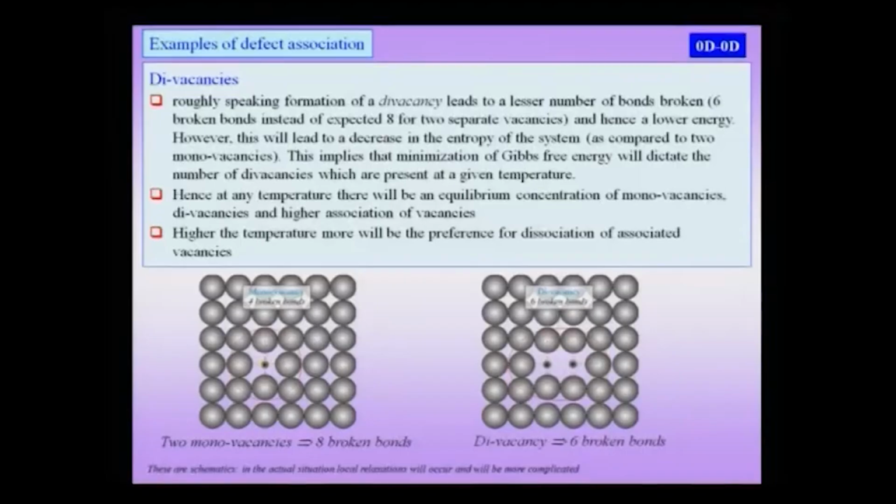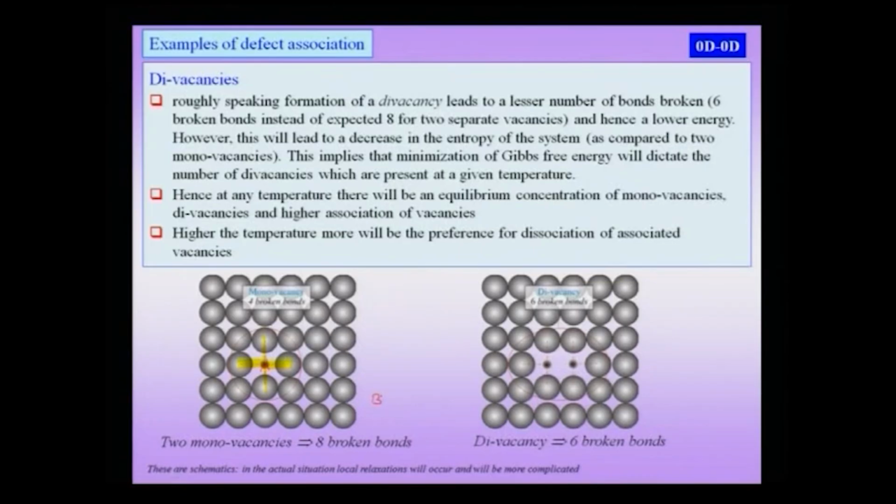So, let me take up a schematic to show how this can happen. For instance, I have a single vacancy in a crystal, which I am showing here without the relaxation of atoms that would take place when the vacancy is present. We crudely talk about 4 bonds being broken. Now, if there were 2 such vacancies located, say, at point A and point B somewhere else, then I would have 8 broken bonds.